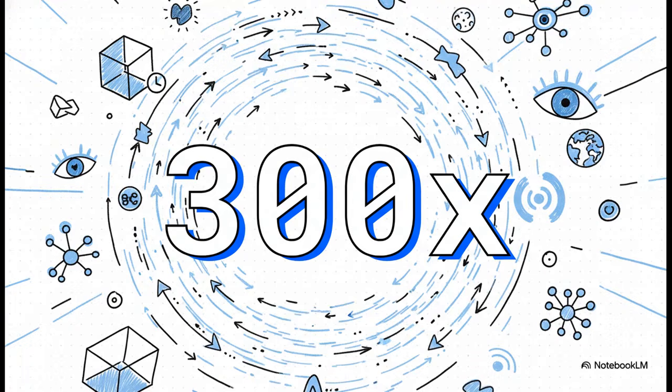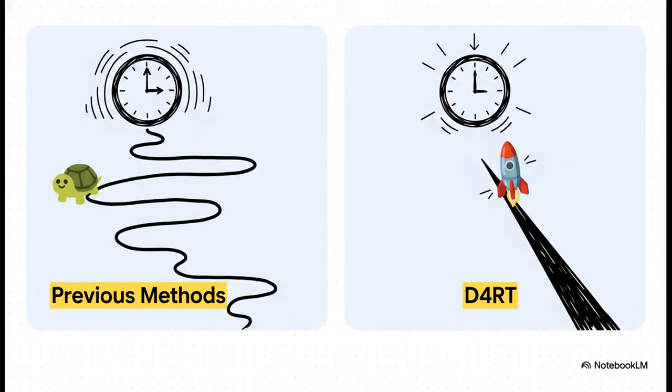D4RT is up to 300 times more efficient than the older methods. That is a straight-up game changer. To put that into perspective for you, a job that would have taken an older system 10 minutes to chew through, D4RT gets done in about 5 seconds. That's the difference between a tool you can only use for offline analysis and a system that can actually perceive the world in real time.